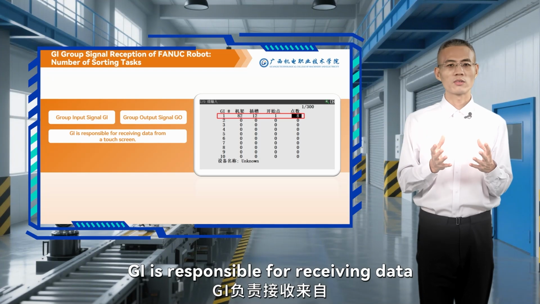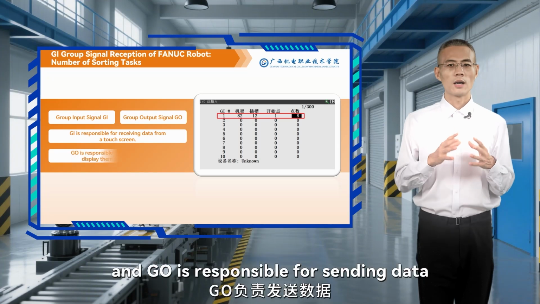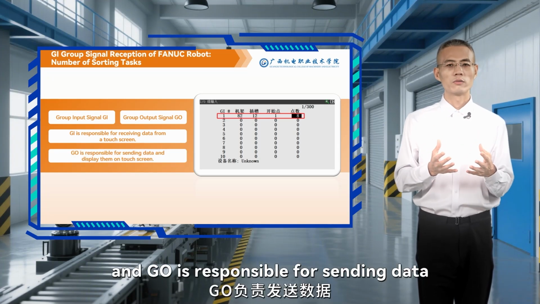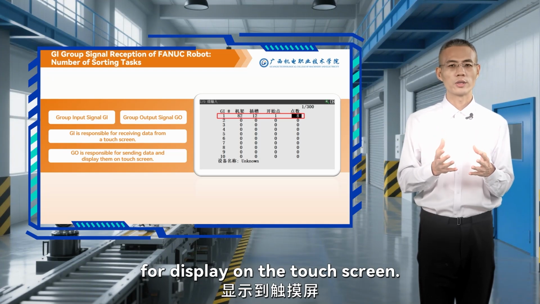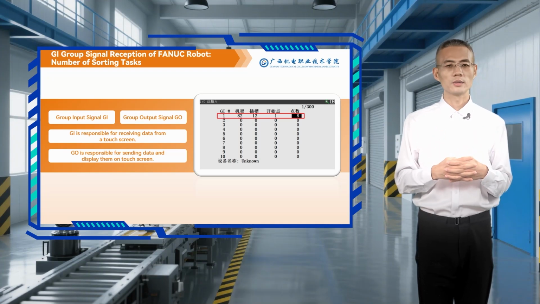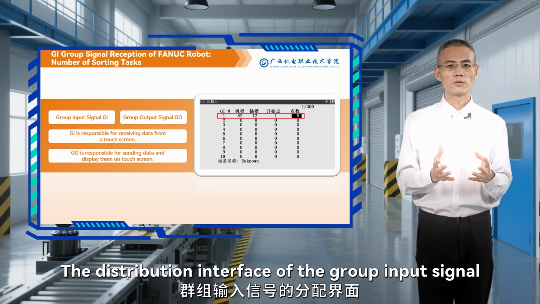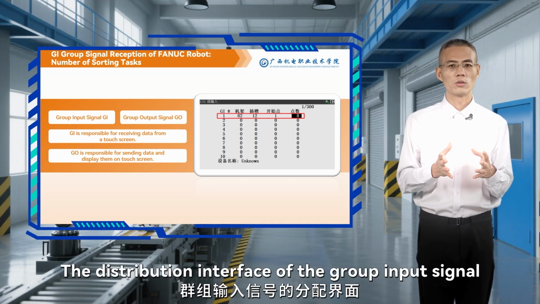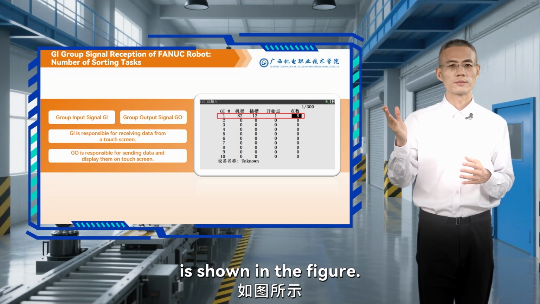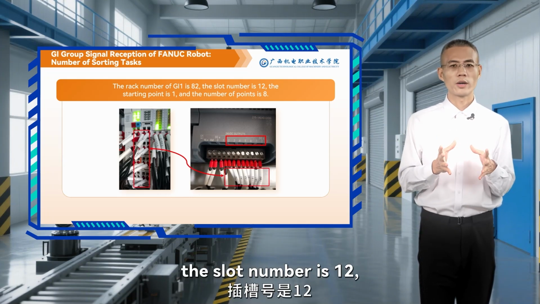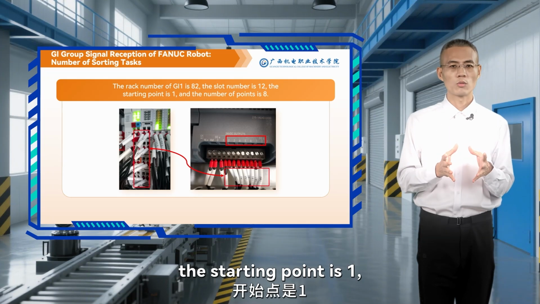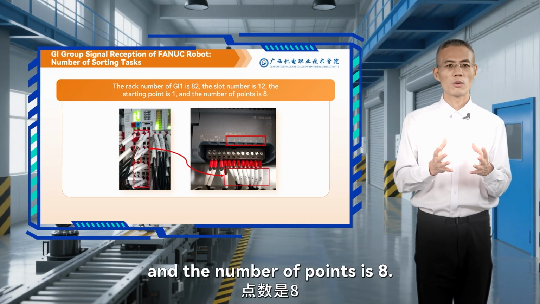GI is responsible for receiving data from the touch screen, and GO is responsible for sending data for displaying on the touch screen. The distribution interface of the group input signal is shown in the figure. The rack number of GI1 is 82. The slot number is 12. The starting point is 1, and the number of points is 8.